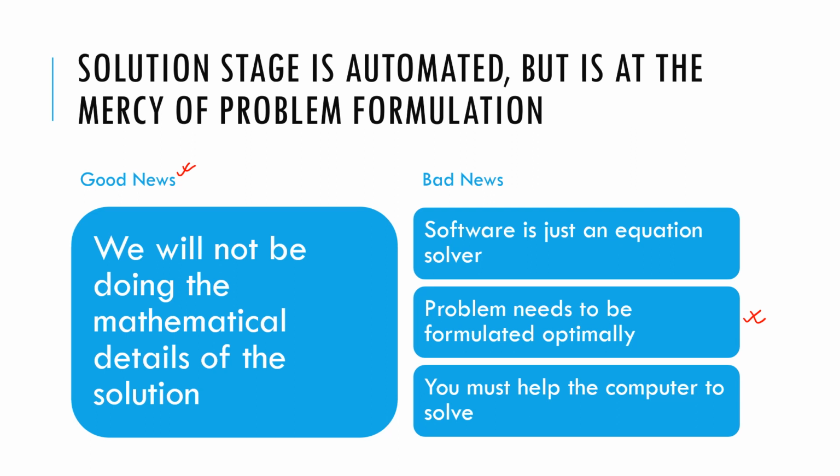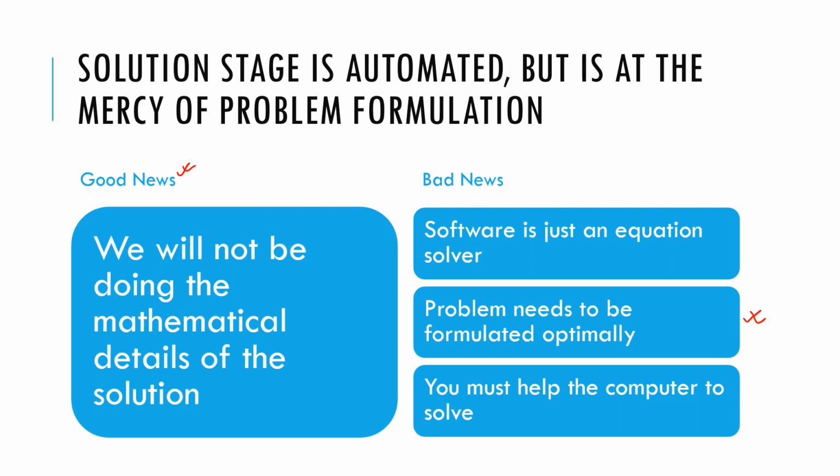And almost always, we have to tweak the solution parameters to make it easier for the computer to solve. So at this early stage, it is important to know that we can't just define our model, our formulated problem, any way we want, and all we have to do is click run and we will get a solution.